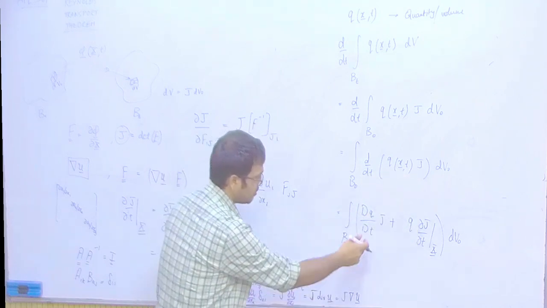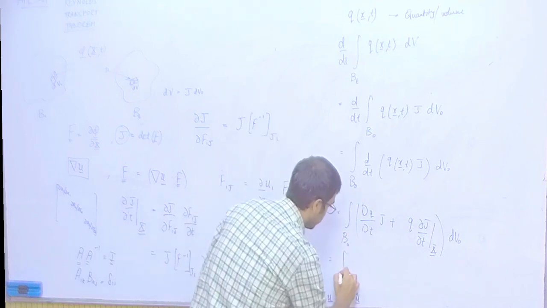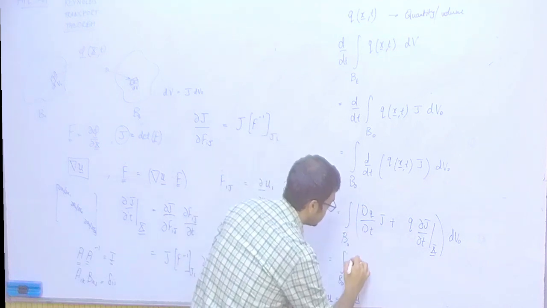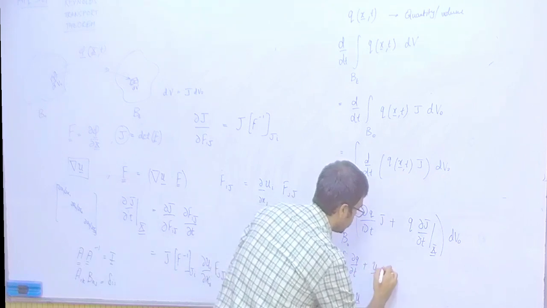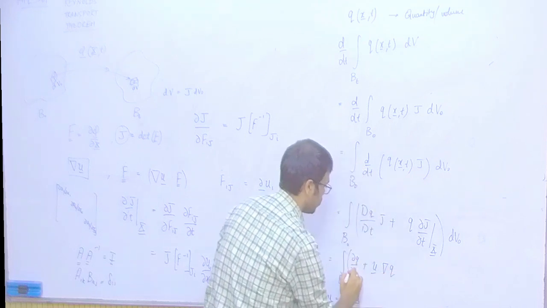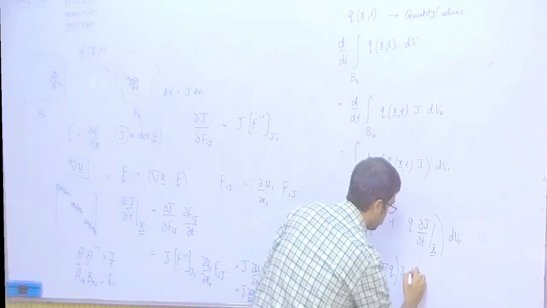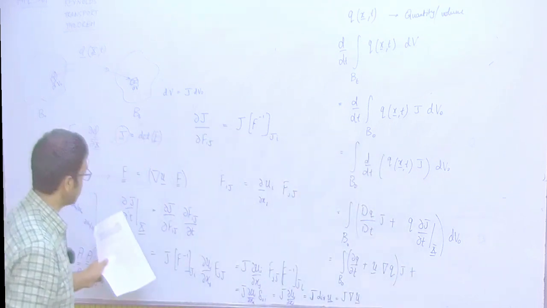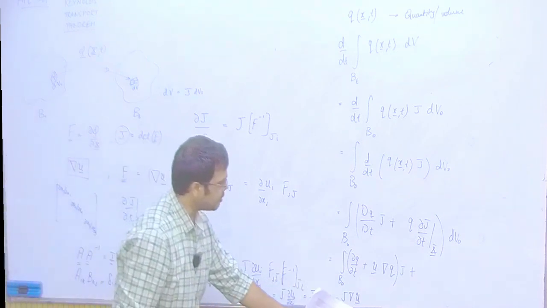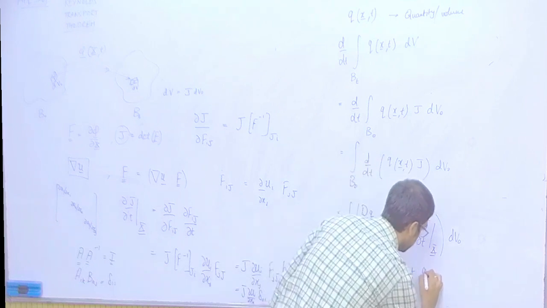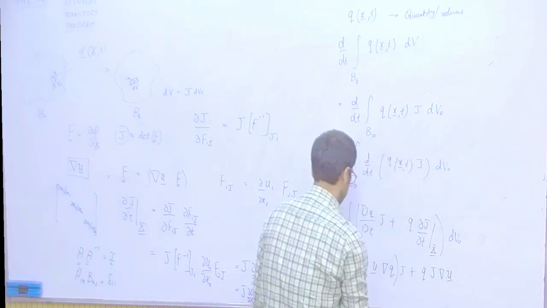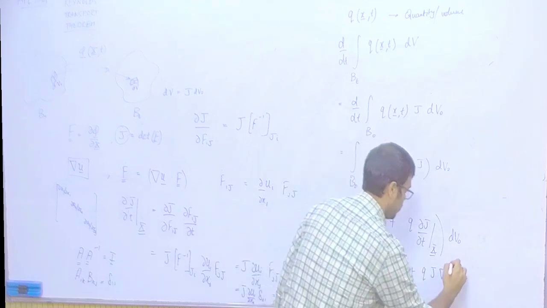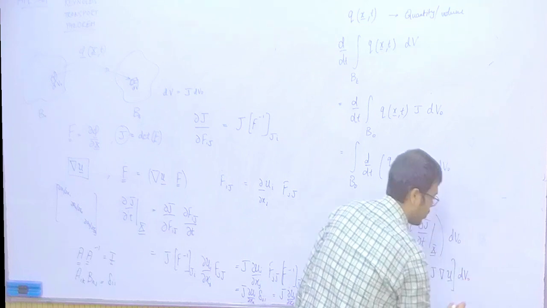And now applying the material derivative here, what do I get? This is del q by del t plus u dot grad of q, times J, plus, what is del J by del t? Del J by del t is J times del dot u, this times dV naught.